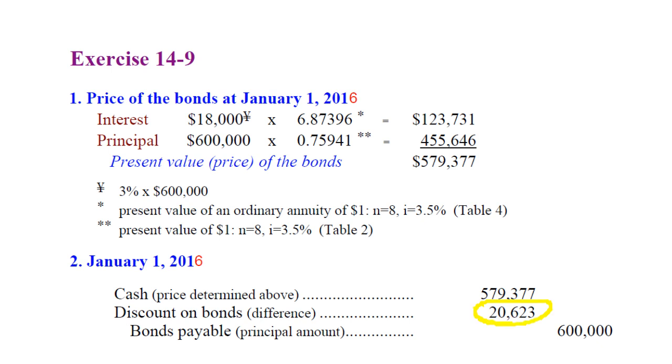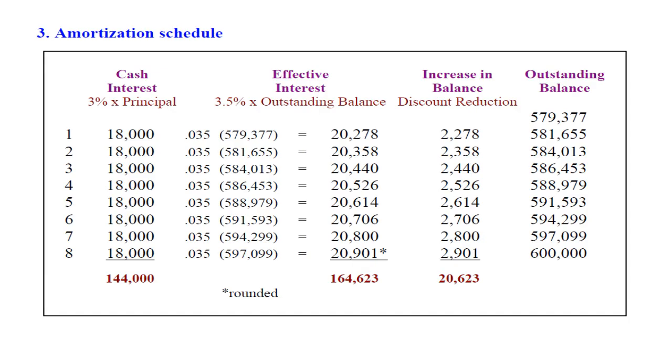And then we will add any reduction of the discount. So by the end of the first year, we have 2 payments. So we will add here 2 discount reductions to the amount on the balance sheet.